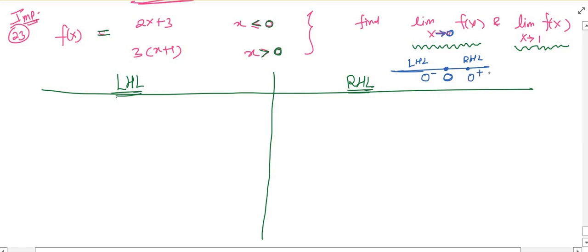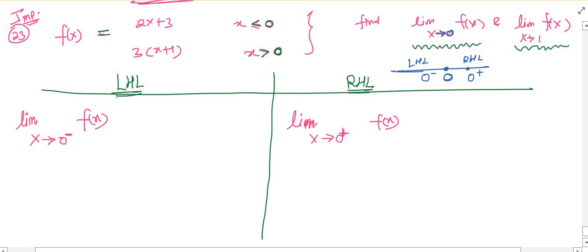If both side limits are equal, then we will say it exists. Okay, how do we write LHL? Limit x is tending to 0 minus f of x. That's how we write. RHL is written like limit x is tending to 0 plus of f of x. This is the notation.